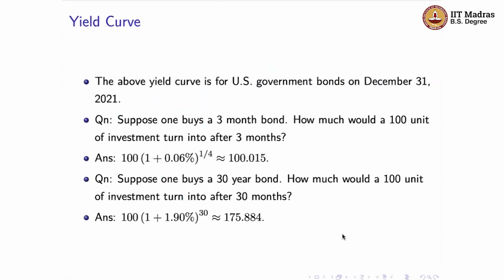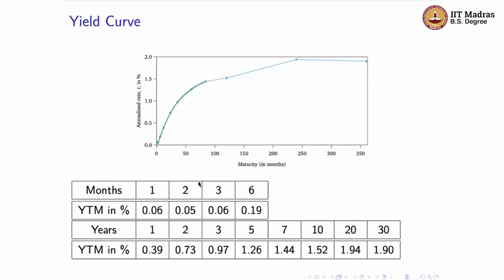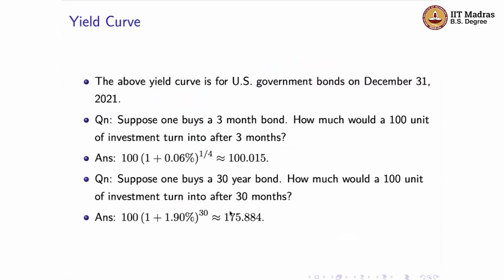All right. So the first question is: suppose you are going to buy a 3 month bond. How much would 100 units of investment turn into after these 3 months? So we need to look at the 3 month bond's annualized rate. That's 0.06%, right?